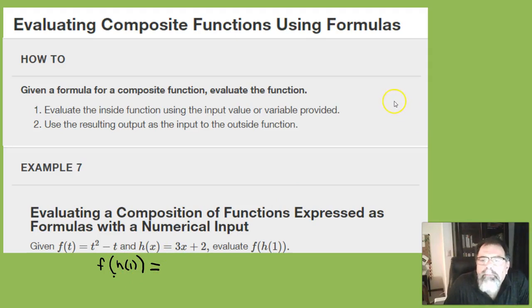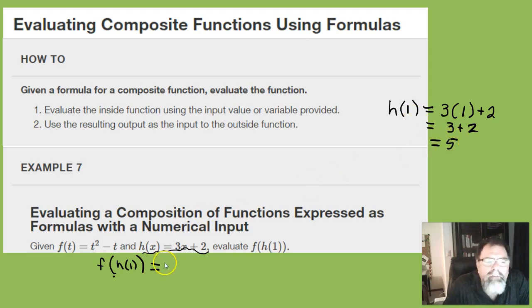So h of 1 using this formula, 3x plus 2, I take the x out, put in the 1. So h of 1 is going to be 3 times 1, which is 3, and then 3 plus 2 is 5. So h of 1 is 5, so now I can substitute h of 1 and put 5 in that spot.